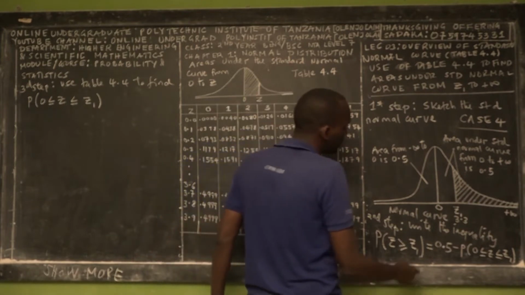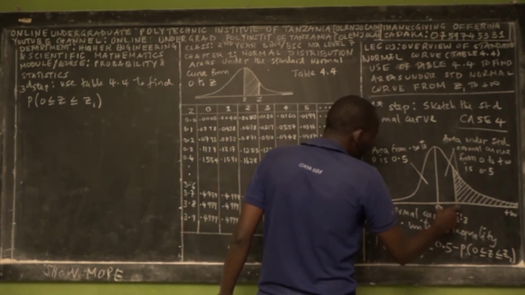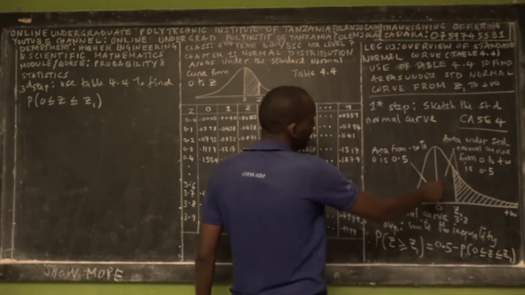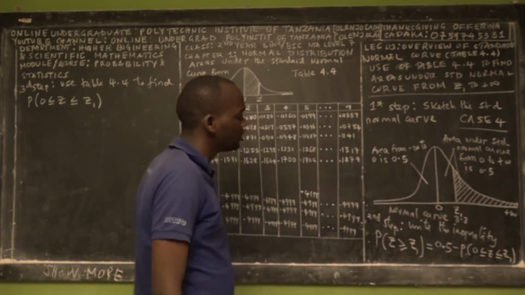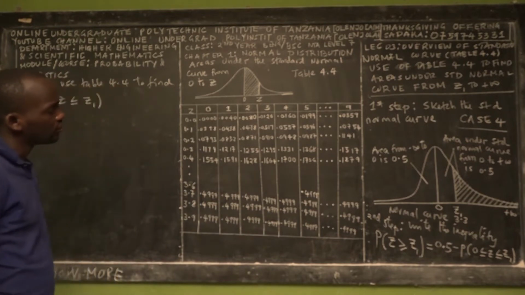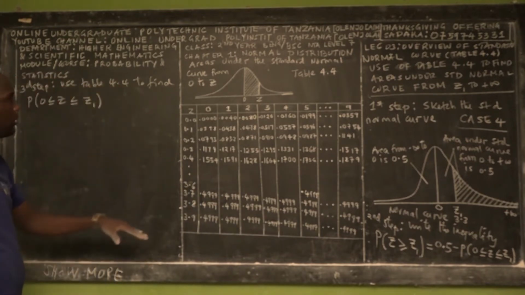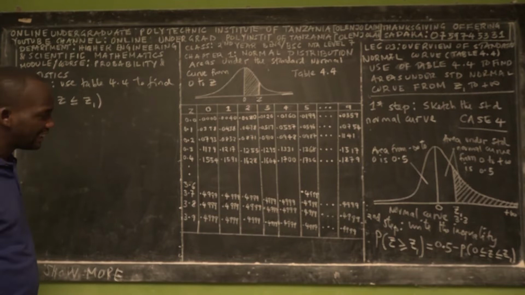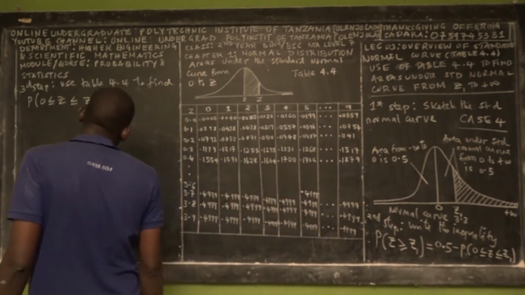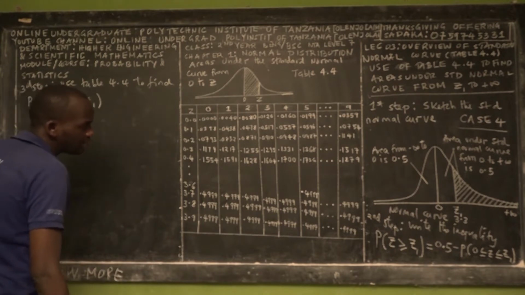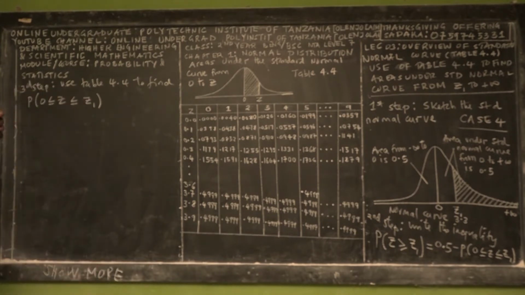The third step, we have to use table 4.4 to find the probability between 0 and z1, the unshaded area from z equal to 0 to z equal to z1. Then to find this one, you just have to subtract. That is the concept.